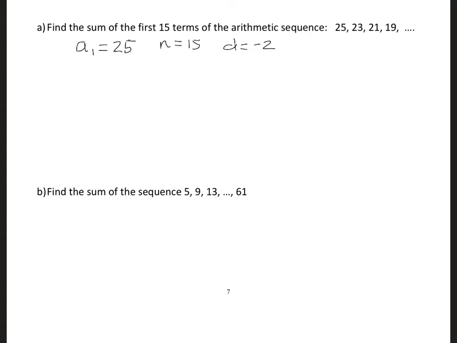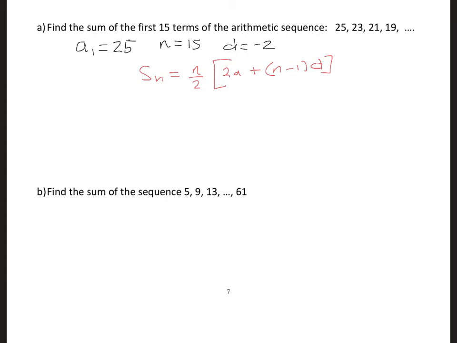Since I don't know the last term, I'm going to use this formula: 2a plus n minus 1 times d.